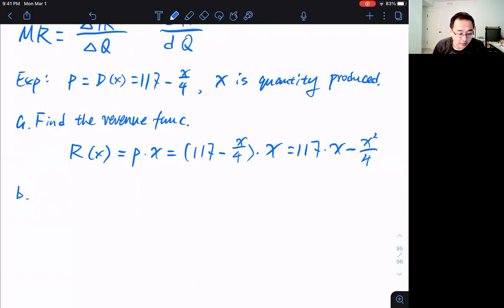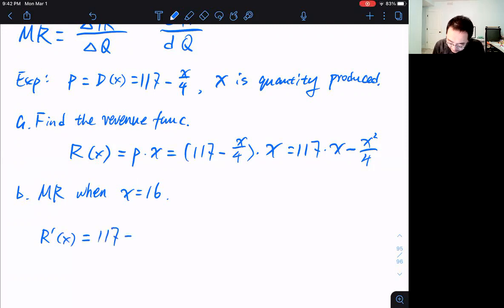B is, well, okay, then find marginal revenue when X equals 16. So what is the marginal revenue when you make the 16th table? Okay, so how much will the 16th table bring you? Well then we know that marginal revenue is really the derivative of the total revenue function, and that is 117 minus, let's do 1/2 times 2 times x, right?